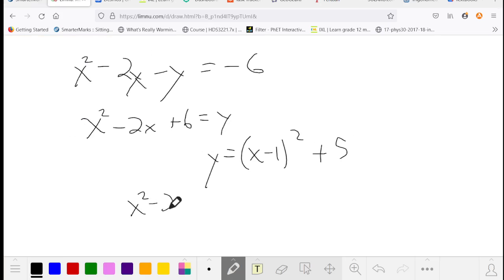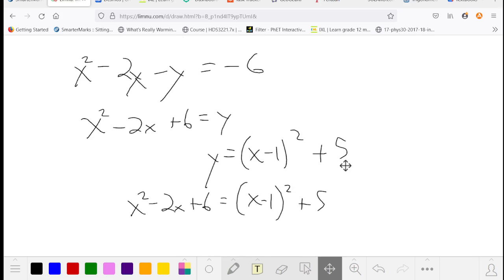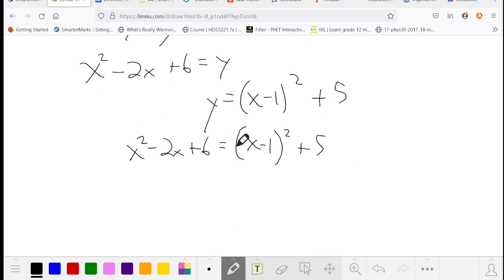So x squared minus 2x plus 6 equals x minus 1 squared plus 5. The right-hand side is x squared minus 2x plus 1 plus 5.